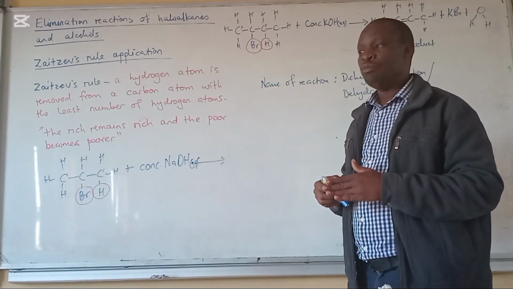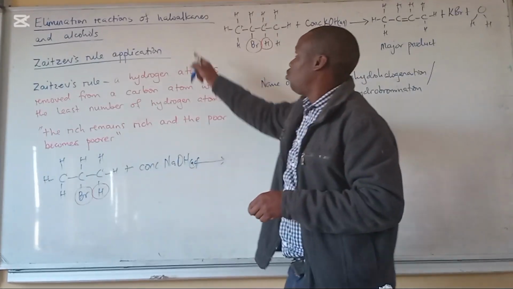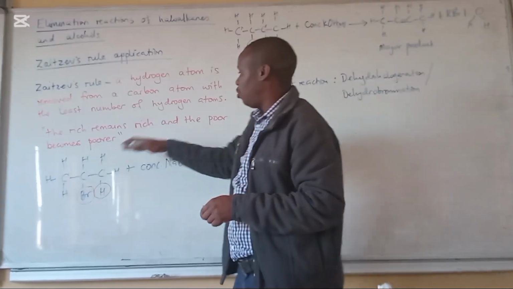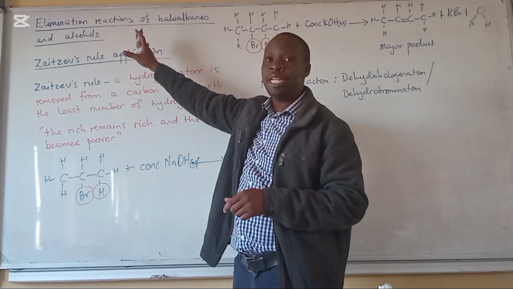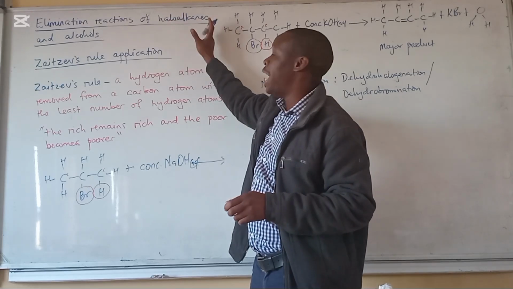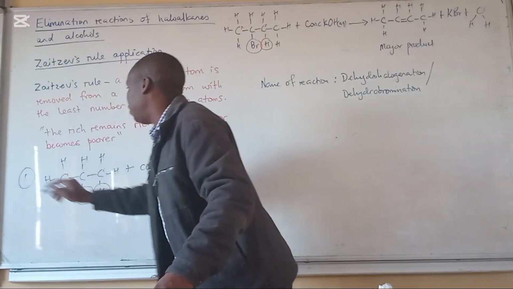I'm now going to move on to the application of the Zaitsev rule to the elimination reaction of alcohols. Here for these 2 reactions, it was elimination reaction of haloalkanes. Let me just indicate this as number 1.